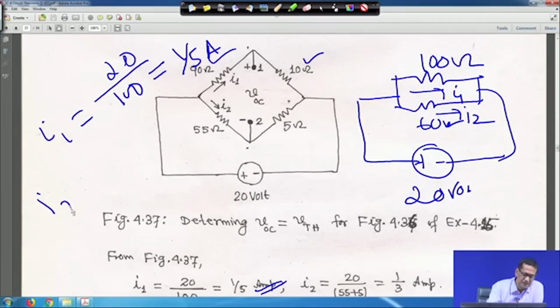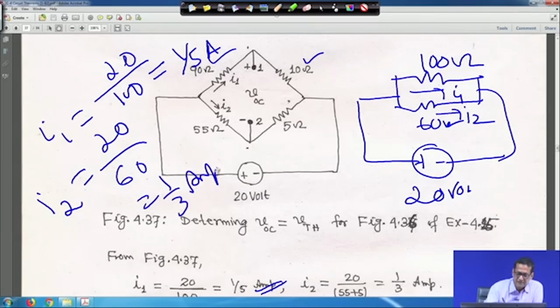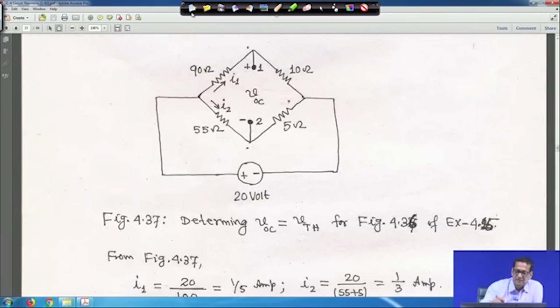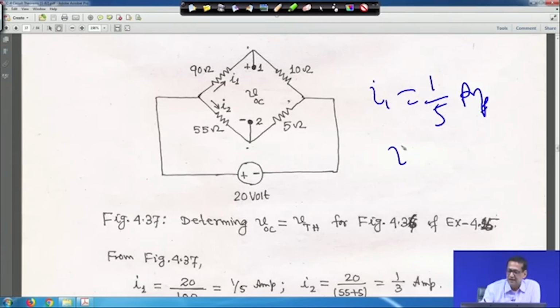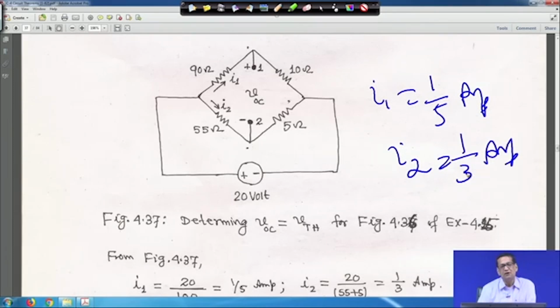Similarly, I2 is equal to 20 volt, because it is a parallel circuit, divided by 60, so that is 1 by 3 ampere. So we got I1 equal to 1 by 5 ampere and I2 equal to 1 by 3 ampere.